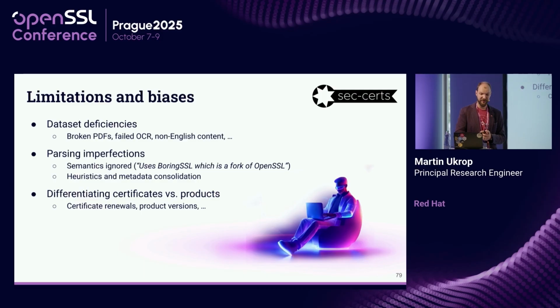There are parsing imperfections, by which I don't necessarily mean deterministic manual parsing, but that the semantics gets ignored. For example, Vladia mentioned at the beginning that sometimes OpenSSL is mentioned without actually being used, saying, oh, we use BoringSSL, which is a fork of OpenSSL, because we want to mention what it's a fork of, without any further reference to OpenSSL.